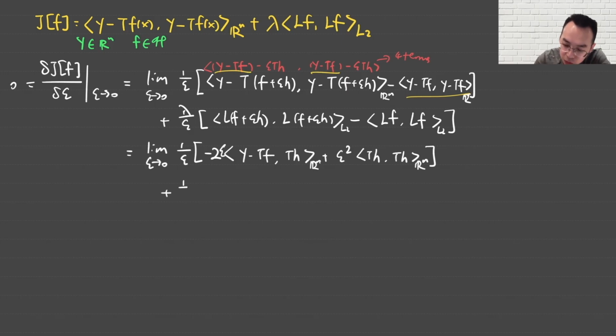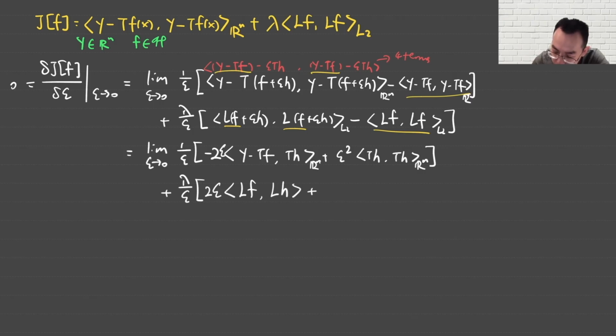And then the second term, we have epsilon lambda, and because the derivative operator is also linear, the inner products cancel with that, and I'm not going to write that out either. What we'll have is 2 epsilon times the inner product of L f with L h, plus epsilon squared times the norm of L h. These two are L2 norms.